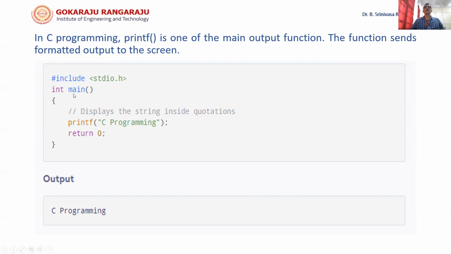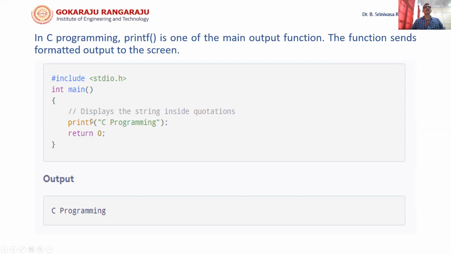Now here, look into it. This is a simple C program where we are using the printf statement. Printf has a parenthesis. This parenthesis region is called the format specification field. In the format specification field, within the double quotes, we are writing a string, C program.